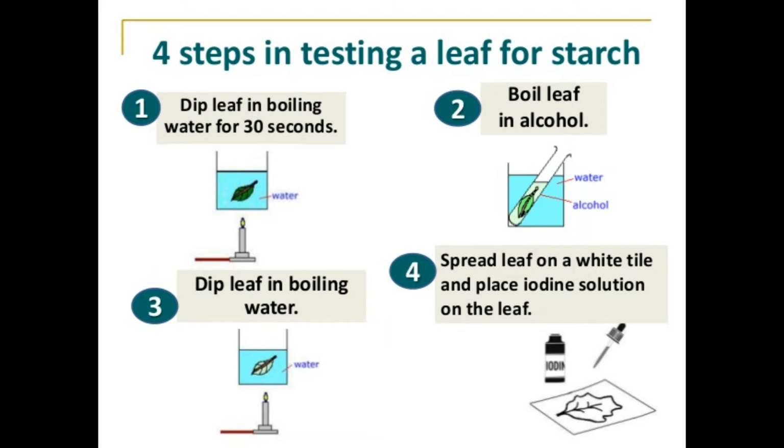A blue-black color appears, because starch, when it reacts with iodine solution, turns blue-black in color. This shows that there is starch present in the leaf.